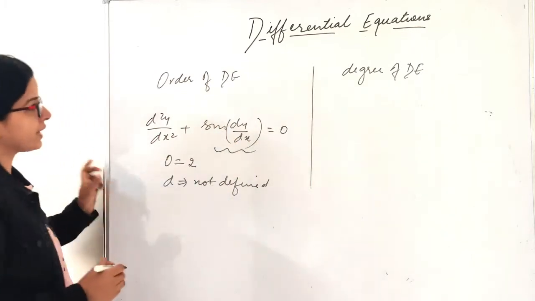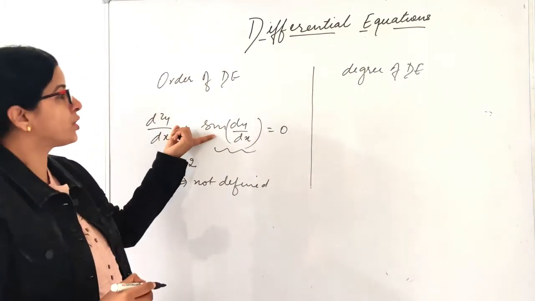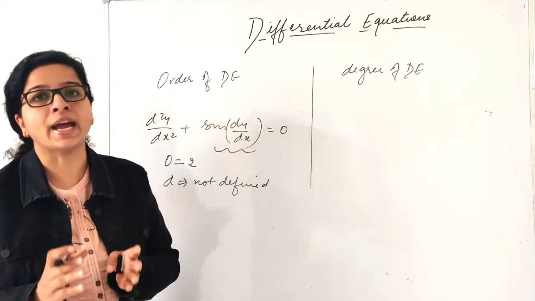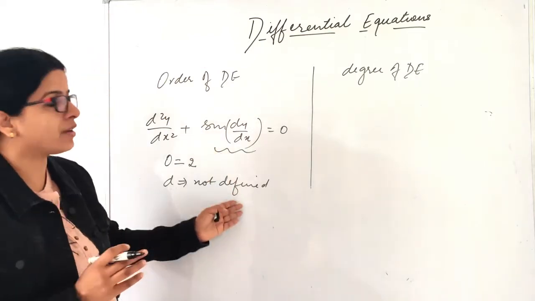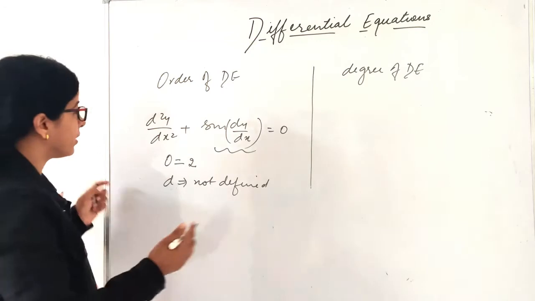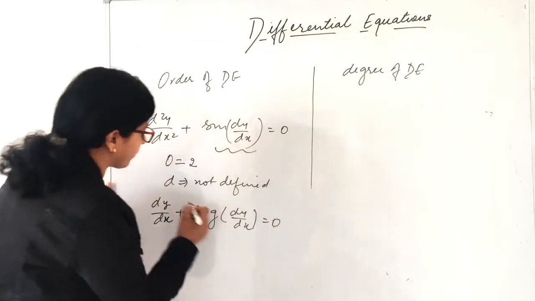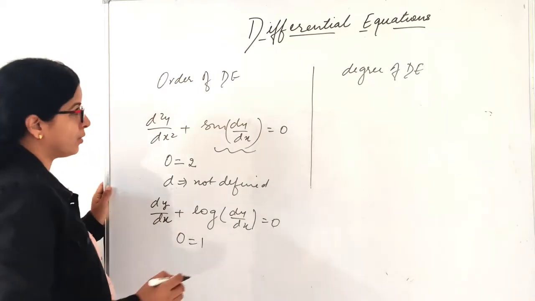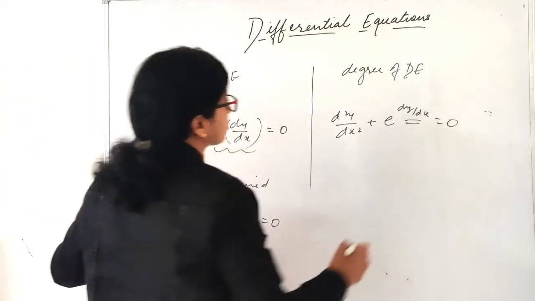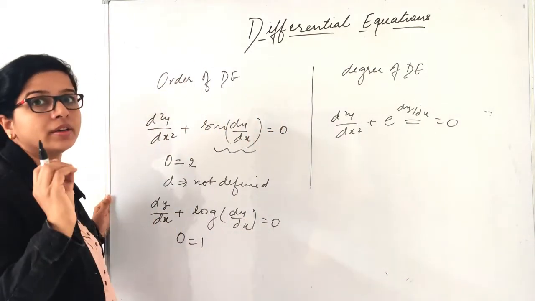Whenever a trigonometric function has the differential coefficient, the degree won't be defined. In this case also the degree is not defined. Here the order is 1 but the degree is not defined.